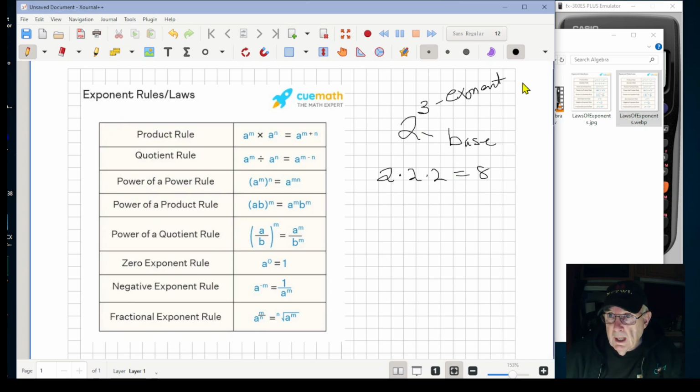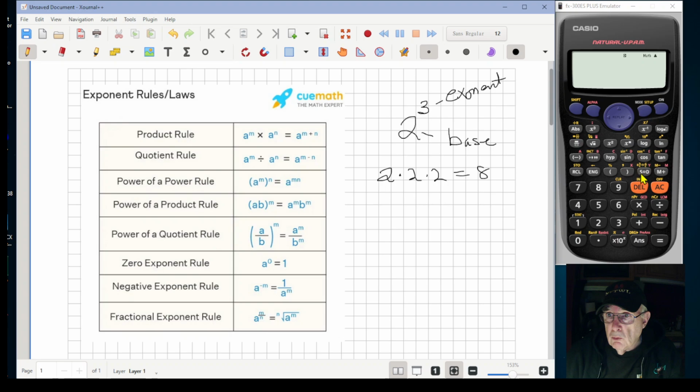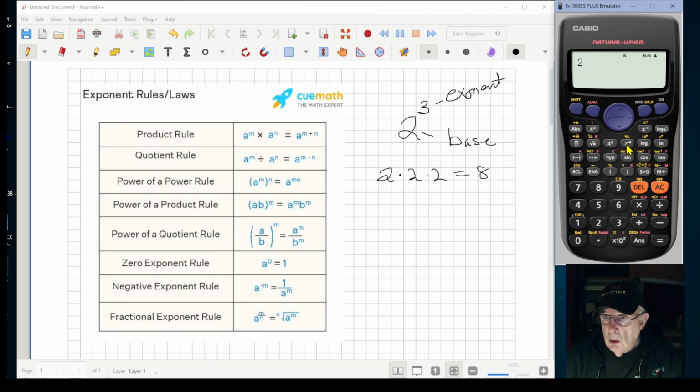And of course we can do that on our calculator as well. We can do 2 and use this x raised to a box and fill in the 3 and hit equal, and we get 8. Okay, so it's just a shorthand for doing this.